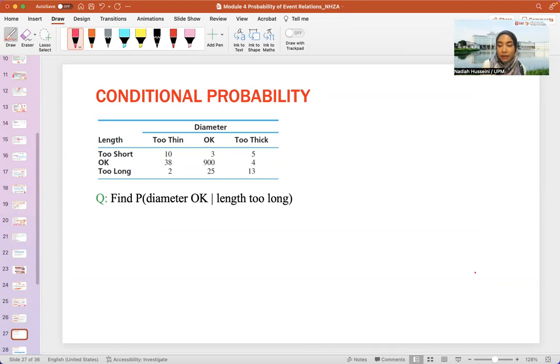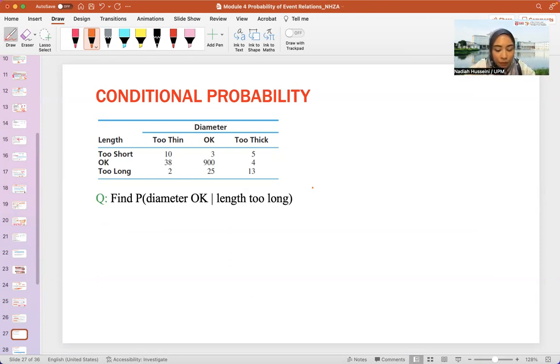Is it the diameter or length? Anyone? Okay, I take out a rod at random. What do I measure first? Diameter or length?